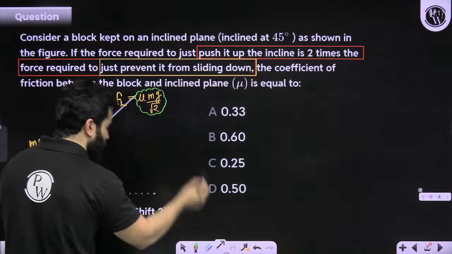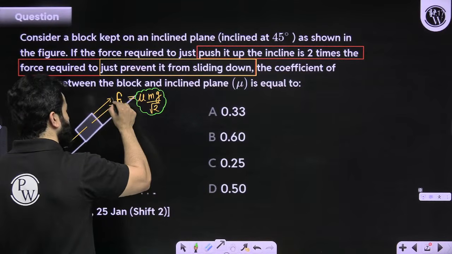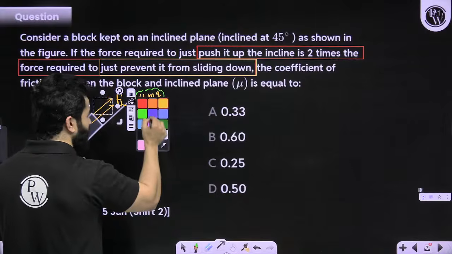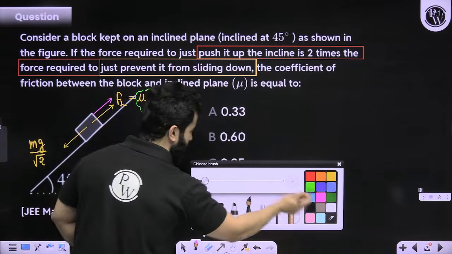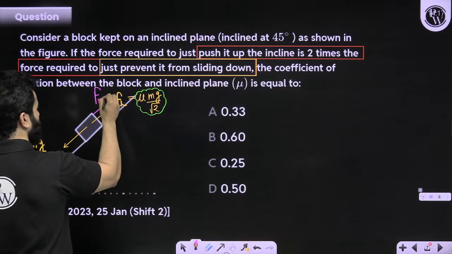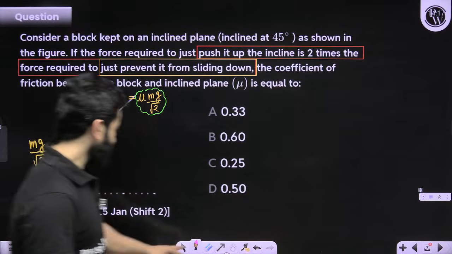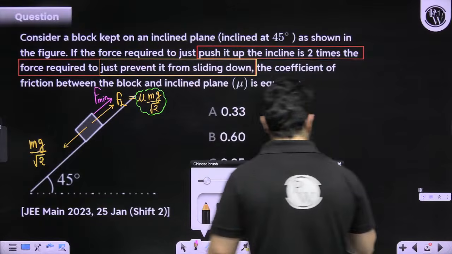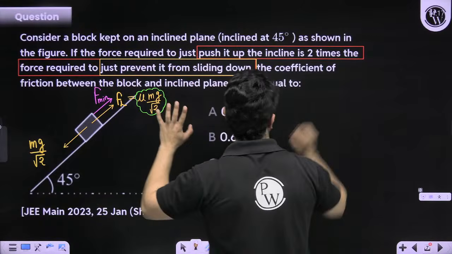So we will have to apply a minimum force over here. Clear? Now, what is the value of this minimum force?